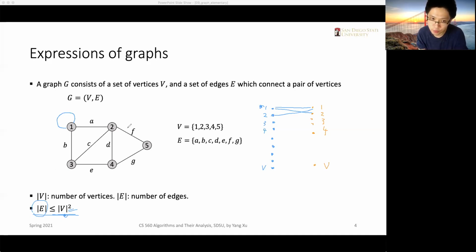We will need to know, for each edge, what the two connecting vertices are. So let me finish this slide. We will look into that immediately.